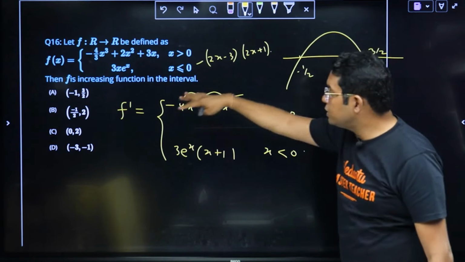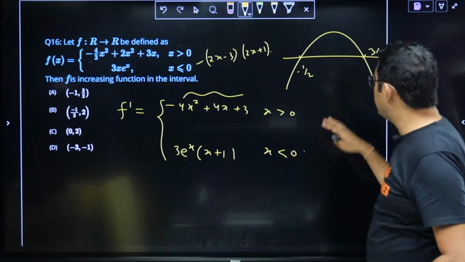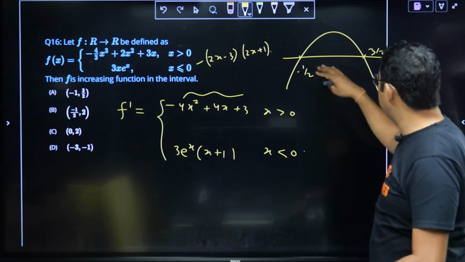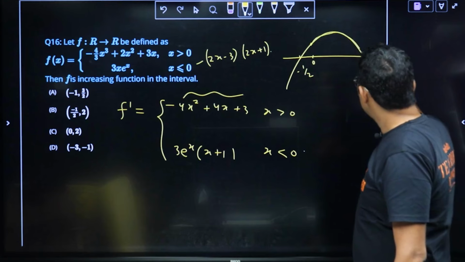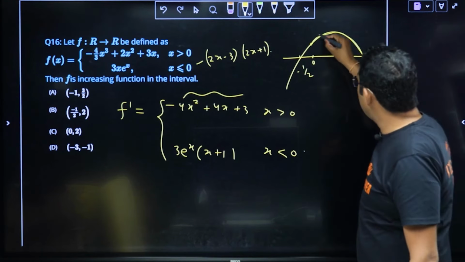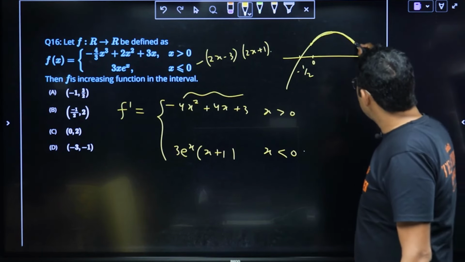So this quadratic, or this function for x greater than 0, will be positive for this portion above this line. In fact, f dash for this portion starts validating from 0. So from 0 to 3 by 2, the function will be increasing for sure.